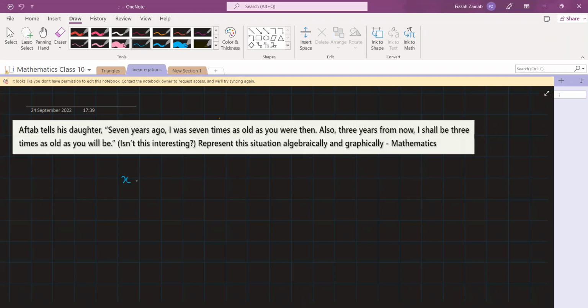Say again, x minus 7 is equal to 7y minus 49. So just simplify it, bring it in the ax plus by plus c form.